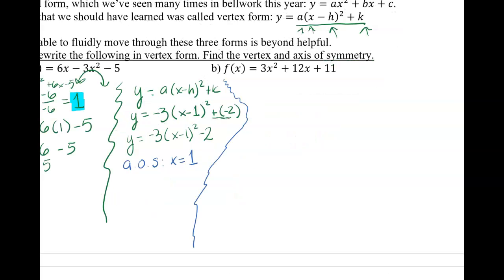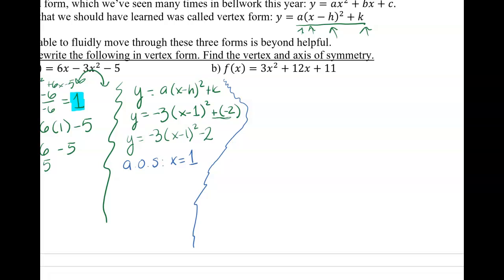Alright, on B, same thing. We still need to rewrite this in vertex form, find the vertex and the axis of symmetry. So this time it's already in standard form where I've got ax squared plus bx plus c, which means I can just try to find my axis of symmetry and my x coordinate of my vertex.